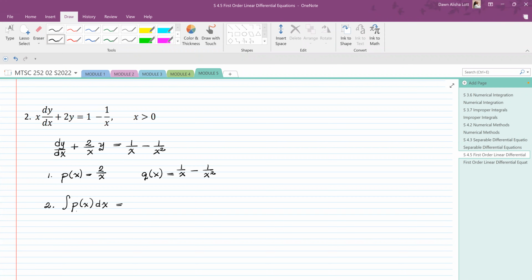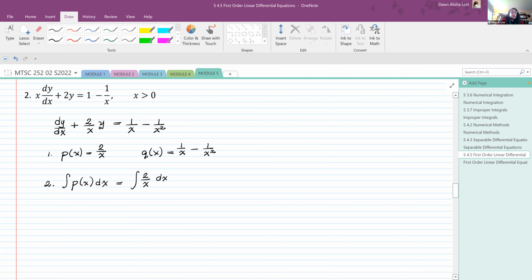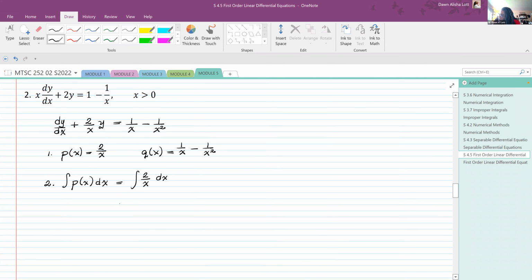So we need the integral of p of x, right? Yes. So we need the integral of 2 over x dx. Take the 2 out. Make your life easy. So now what's that integral? 2 natural log of x. Yes.